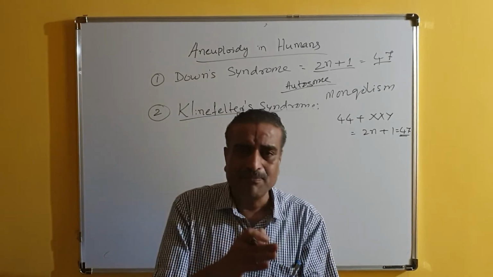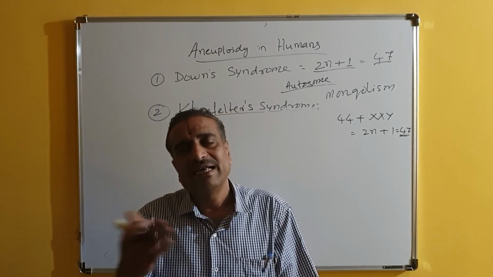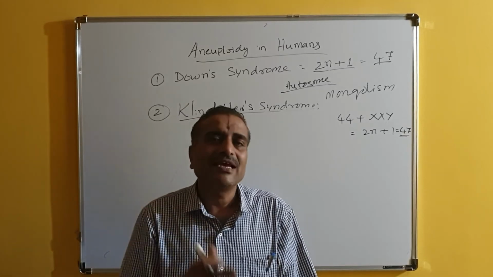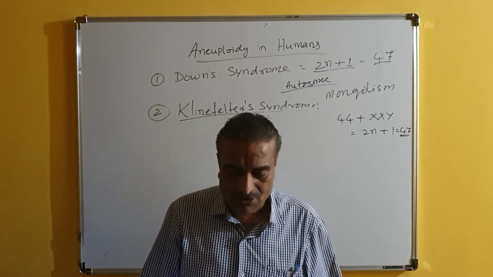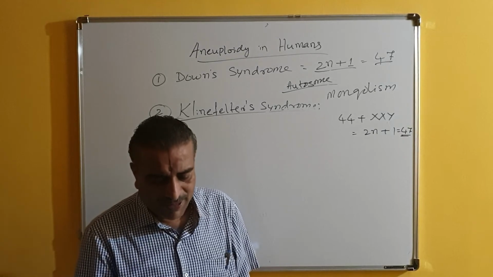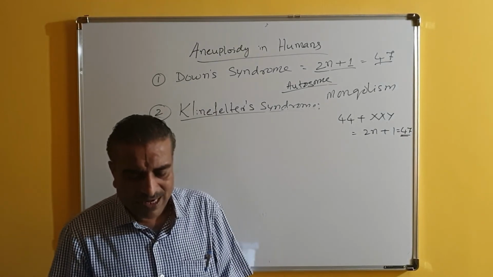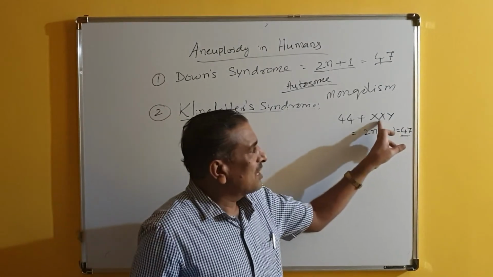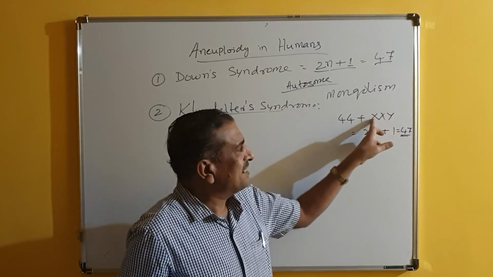They are actually females, but they try to behave like males. Such a condition is called Klinefelter syndrome because of the presence of one extra X chromosome, XXY.